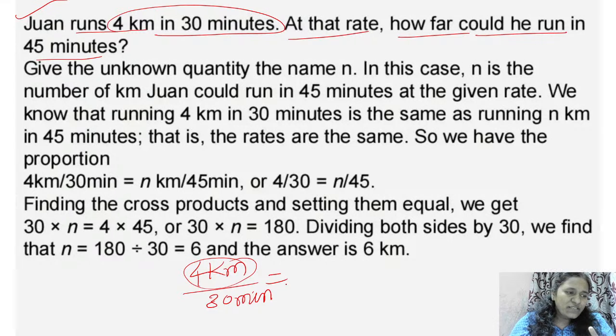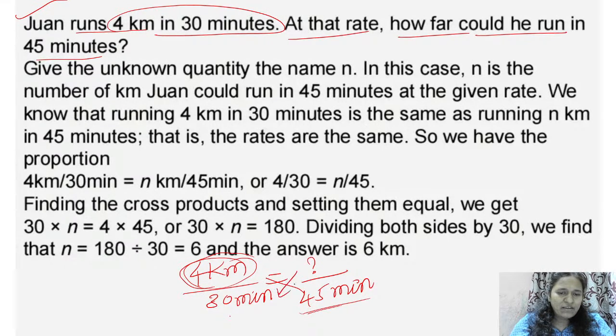Then the question is how much distance he will run in 45 minutes. We don't know this, and here we know 45 minutes. Just it is a comparison. Okay. That means 4 kilometers into 45 minutes is equal to x into 30 minutes.